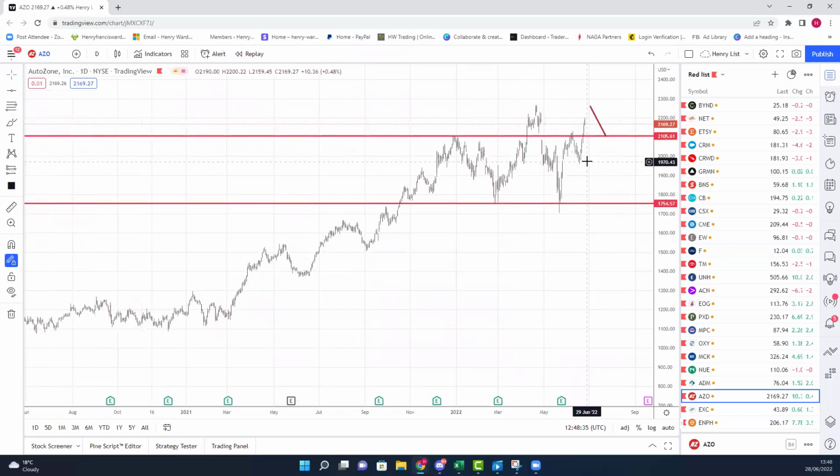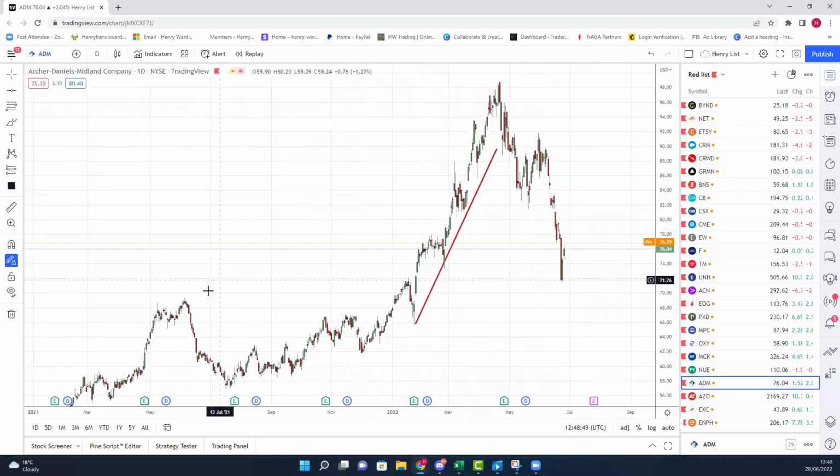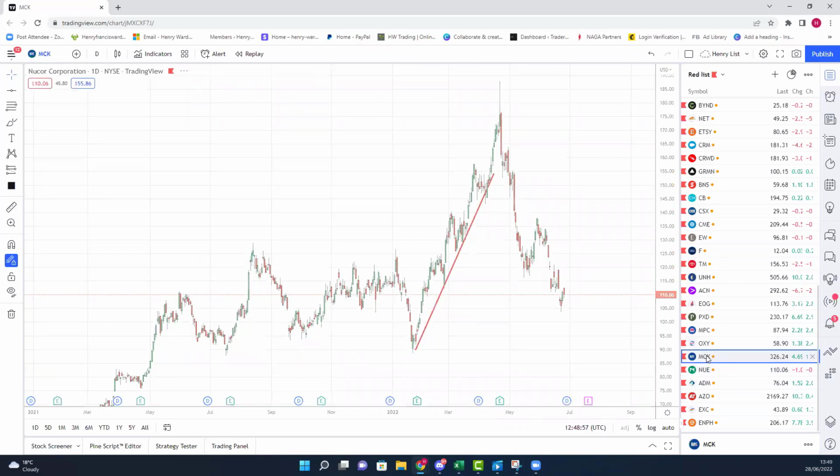So AutoNation, or AutoZone, is something that we could be keeping an eye on for a potential trade, depending on what happens over the next couple of days or week. Again, this has had a pretty big sell-off. Nothing happening there. Same.